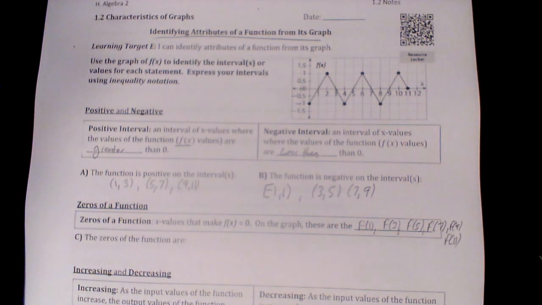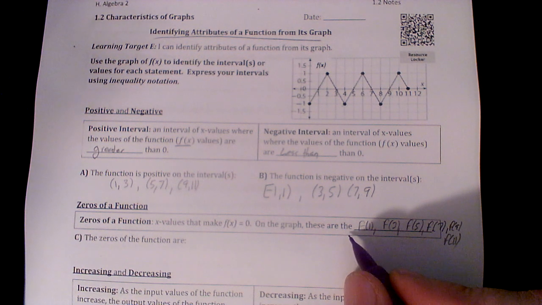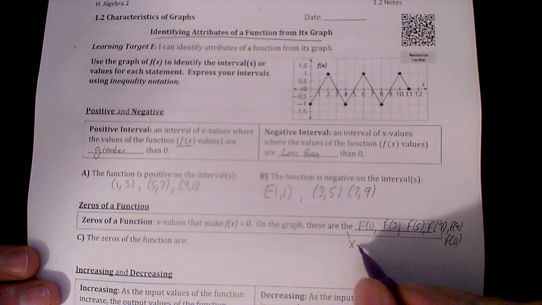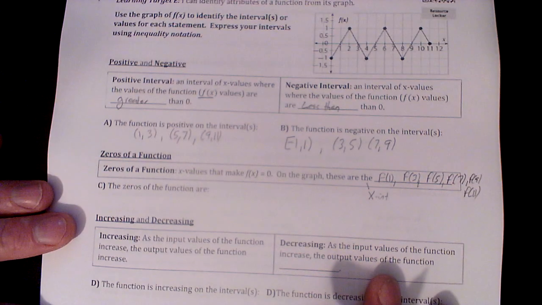So we got positives, negatives, and zeros. Oh, I should have written them down here on the graph. They're the x-intercepts.